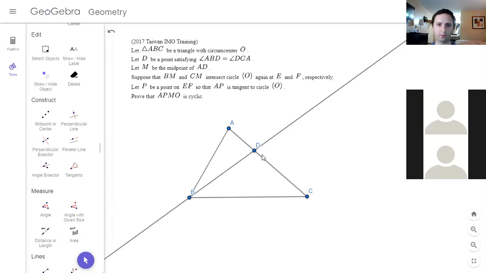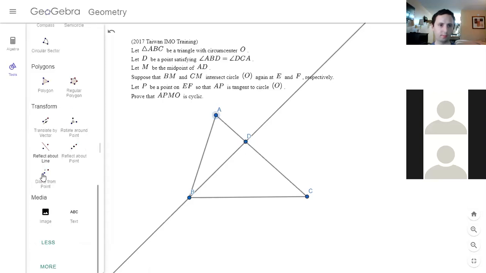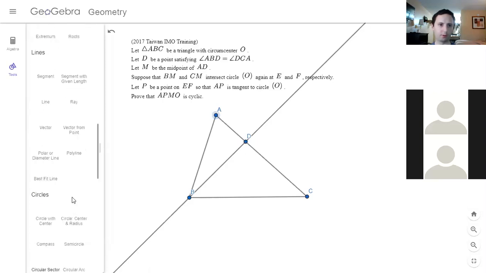So I guess I could draw the circumcircle of BAD. Yeah, there's a couple different ways I could do this. I don't know if this is the best way to do it, but I have one way.